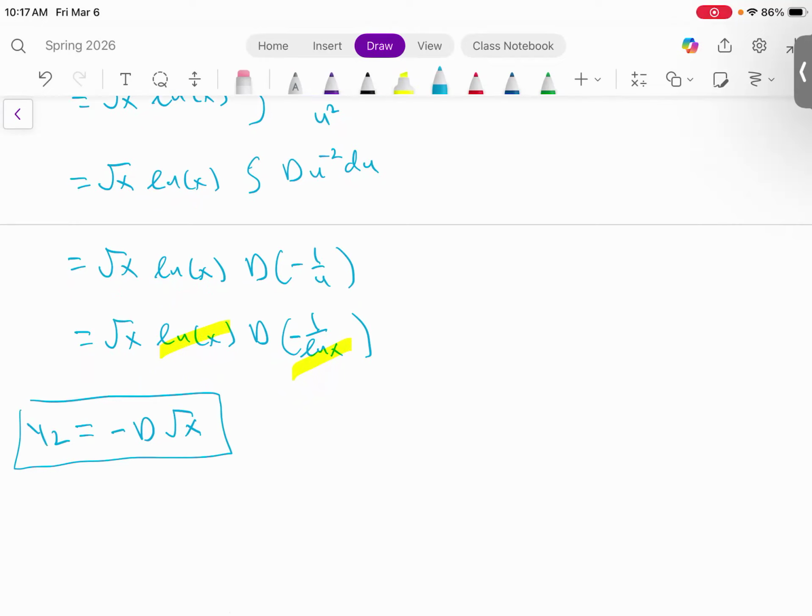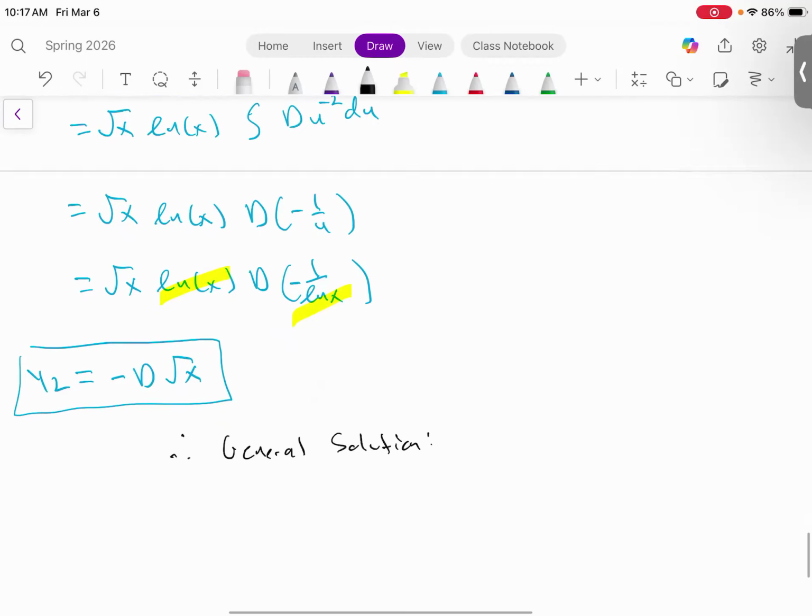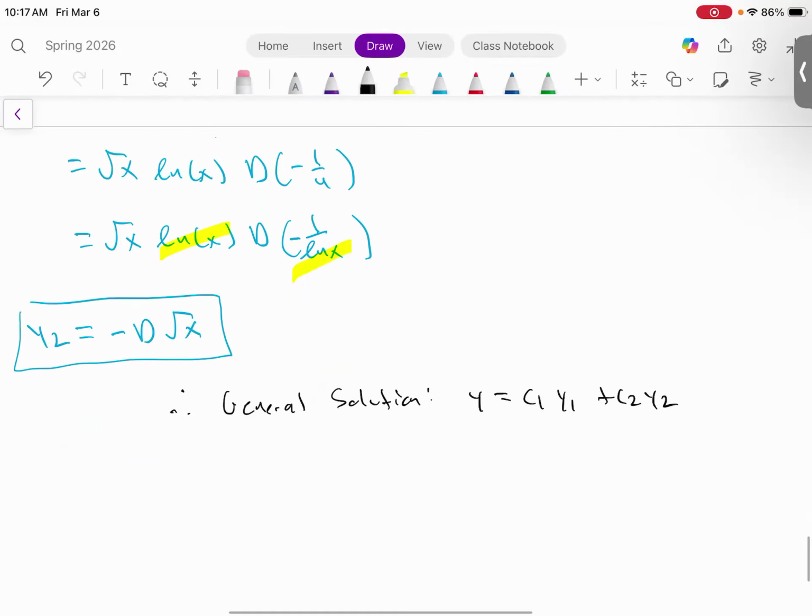Okay, so my general solution, remember, it's y equals c1 y1 plus c2 y2. So let's plug in what we know.